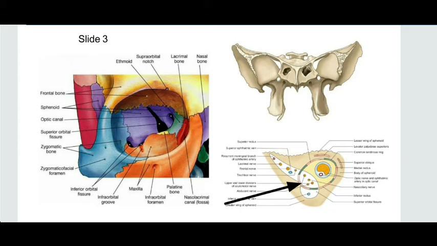Next, nasociliary nerve in between the two divisions of the oculomotor. The nasociliary nerve is a division coming out of the ophthalmic division of trigeminal nerve that I have already mentioned. And it also transmits the abducent nerve, which is the sixth cranial nerve.